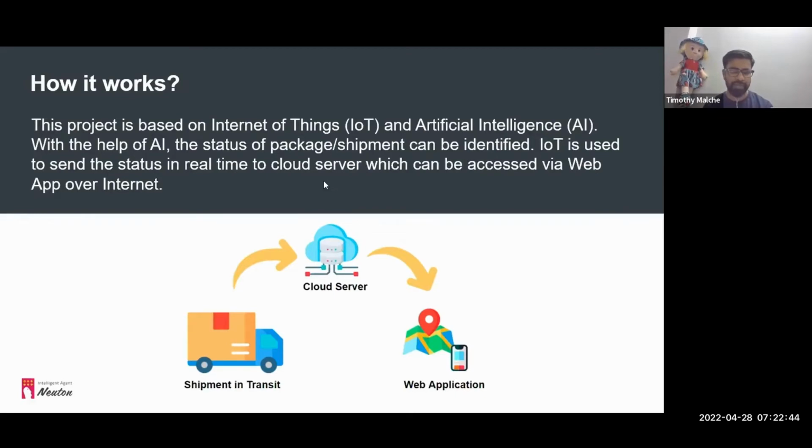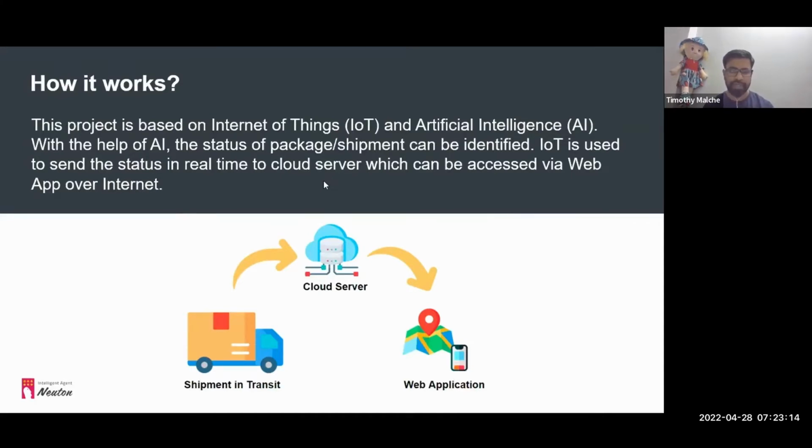The package or shipment is equipped with those microcontroller devices, and it transmits the information to the server over the internet. Because the information is loaded on the cloud server over the internet, you can easily extract or retrieve the information via the web application, which is also developed as part of this project.